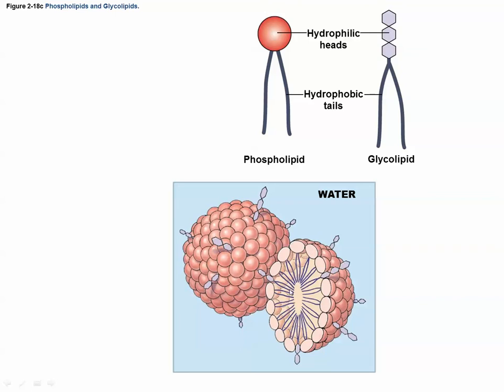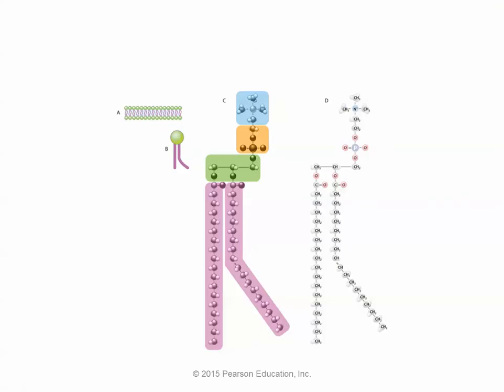Whereas in the cell, because you have both an intracellular fluid that's watery and an extracellular fluid that's watery, what these things tend to do is make this bilayer where the hydrophobic tails are oriented towards themselves and the hydrophilic heads are oriented away. In the external part of the cell, they're oriented toward the extracellular fluid, and in the internal part of the cell, they're oriented into the cytoplasm.